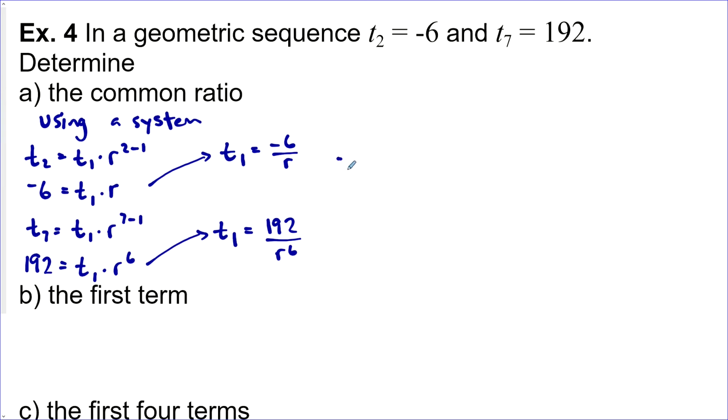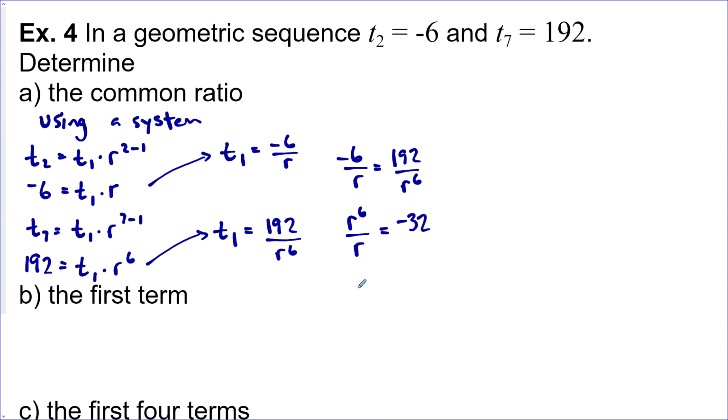So we get negative 6 over r is equal to 192 over r to the power of 6. Now I'll multiply by r to the power of 6 over here, and that will bring me r to the power of 6 divided by r, and then I'll divide by negative 6 on both sides. So that will give me negative 32 on this side.